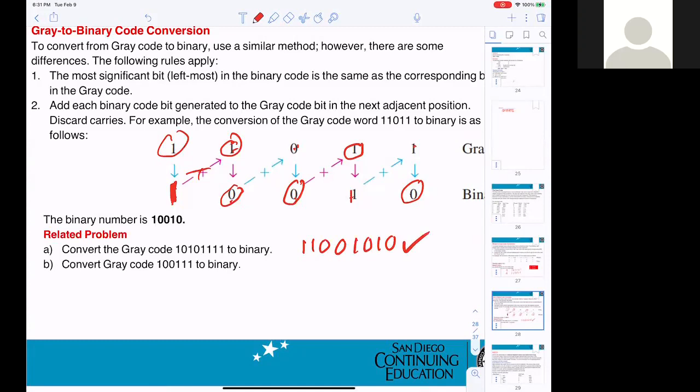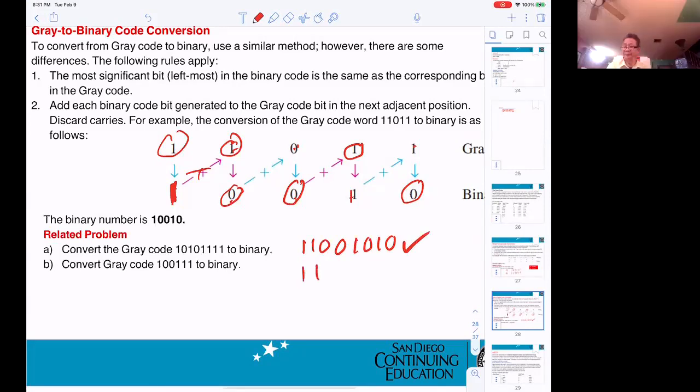1, 1, 1, 1, 1, 1. 0, 1, 0. On that first one, when you get finished, I missed something on that one. Maybe I crossed something up wrong.